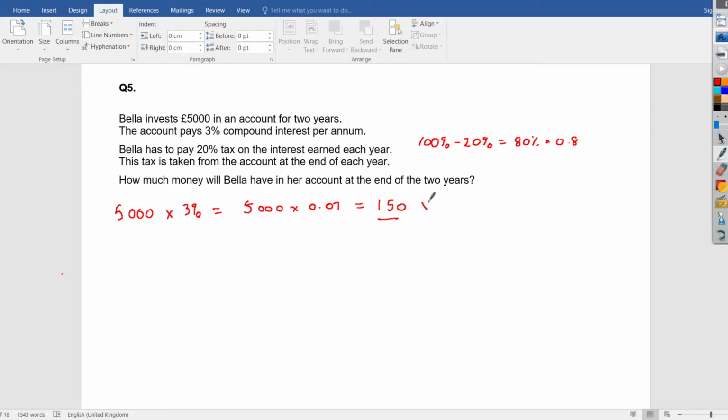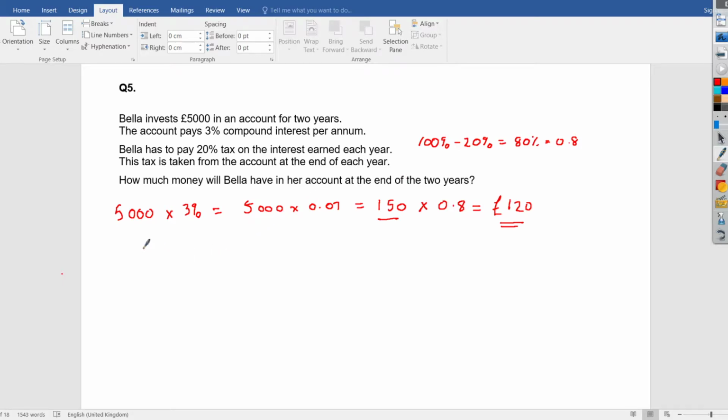So if I multiply 150 by 0.8, I get £120. So at the end of the first year, she has earned interest of £120.